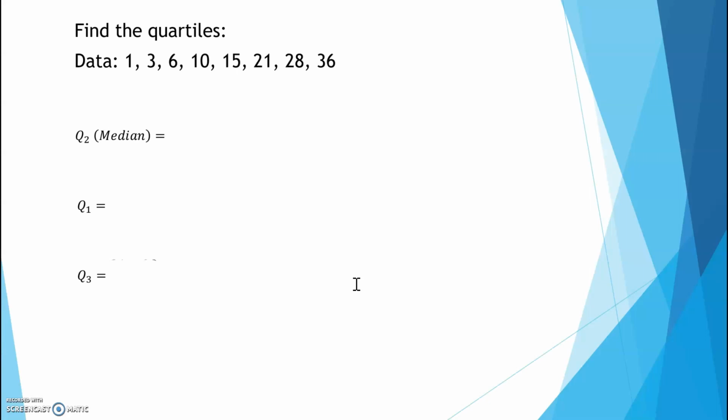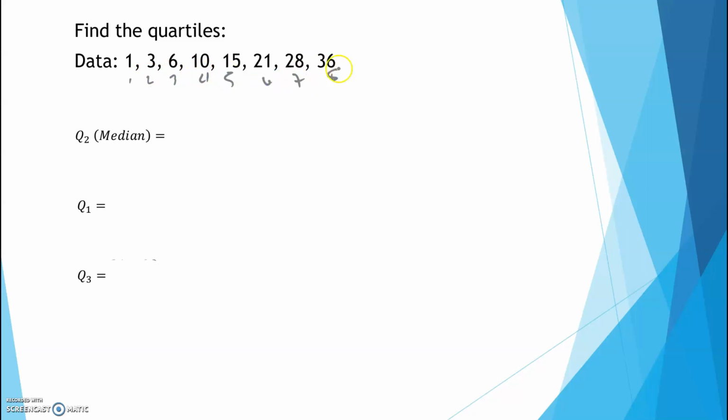So with this one, we're going to find the quartiles, and the easiest one to do is to find Q2, or the median, first. So first off, is your data in order? Yes, this one is in order. Now how many do I have? 1, 2, 3, 4, 5, 6, 7, 8. 8 numbers.